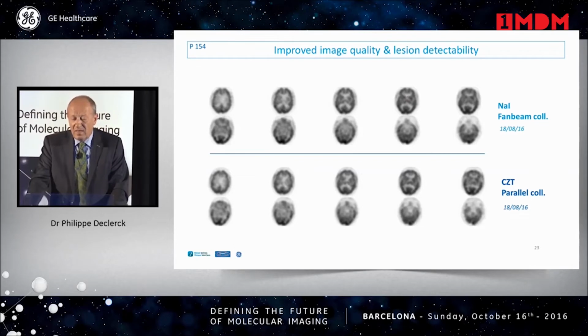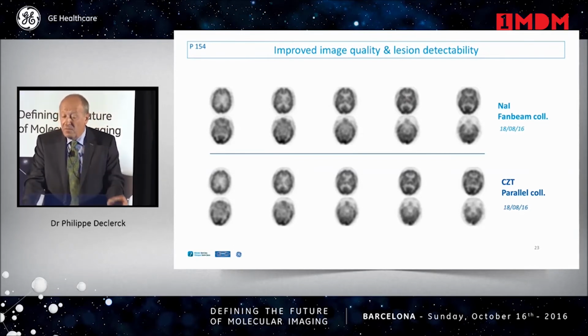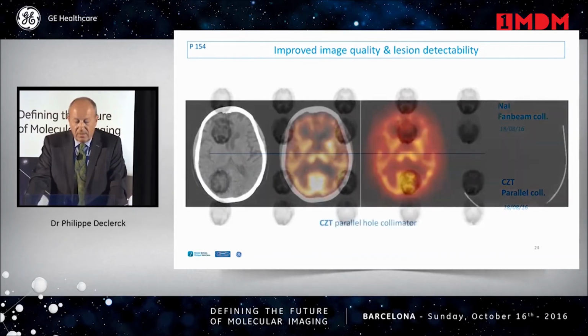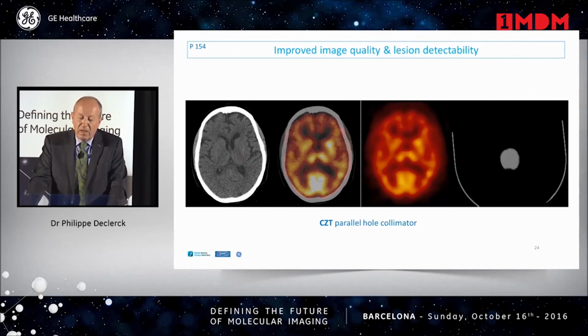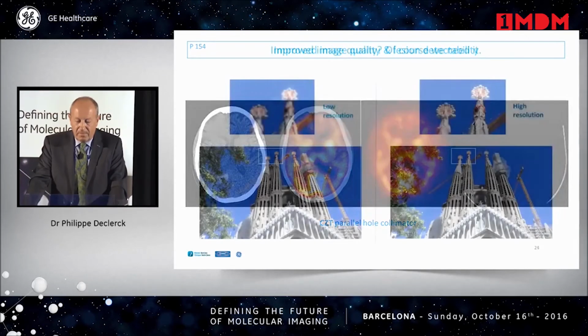So image quality is the same between CZT parallel hole collimator and NaI fan beam, but with the CZT technology we work faster. That's a beautiful image that we have. And then they developed very nice quantification programs, QBrain, to evaluate activity in the brain.